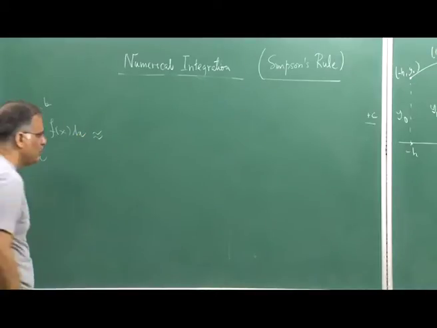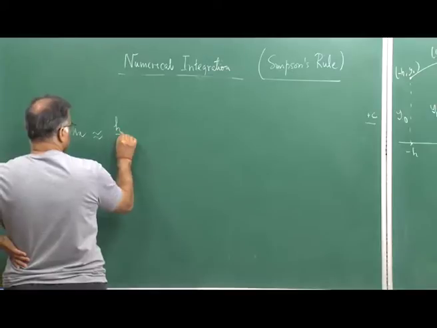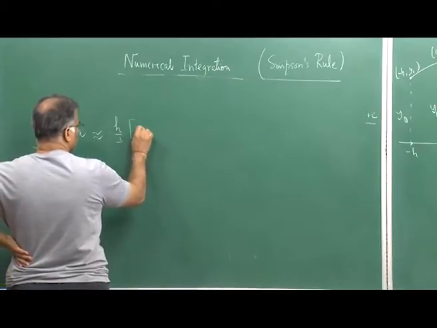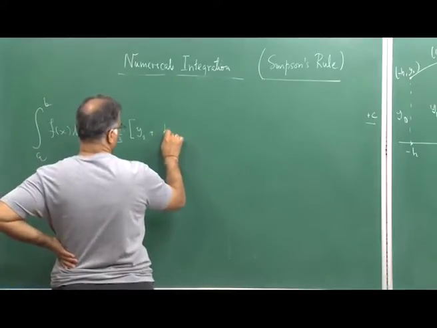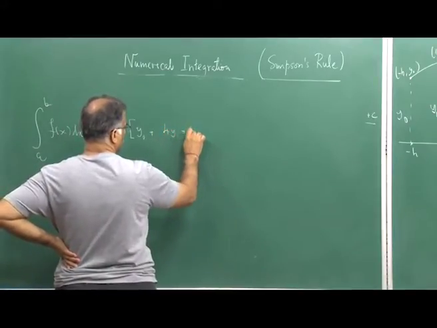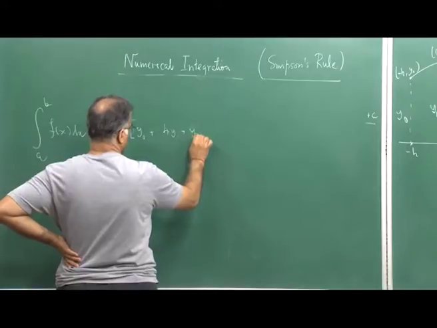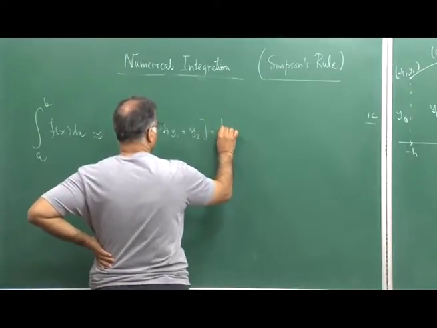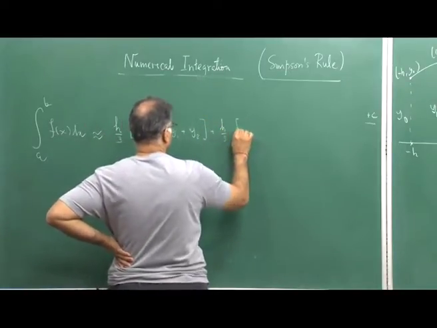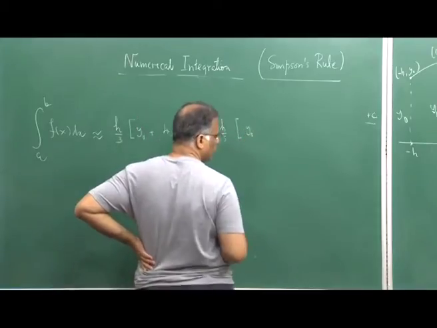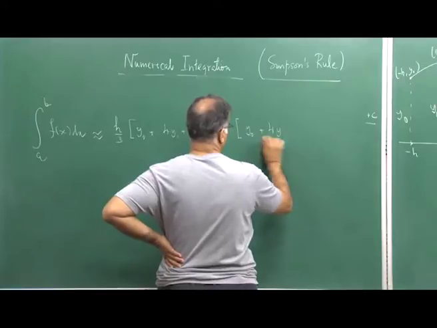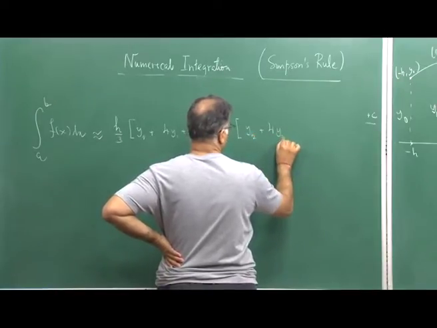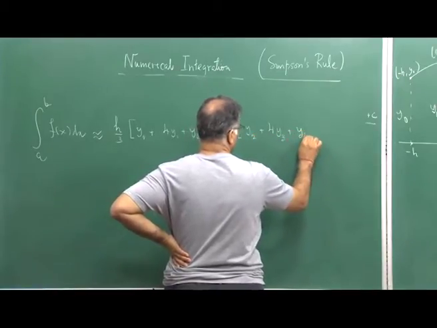The first one gives me h by 3 into y0 plus 4y1 plus y2. The second one will give me h by 3 into y2 plus 4y3 plus y4.